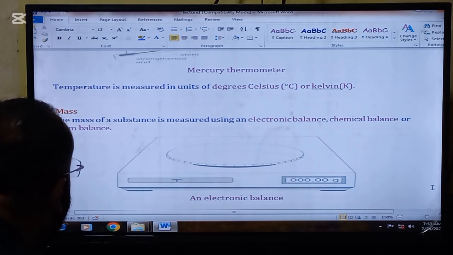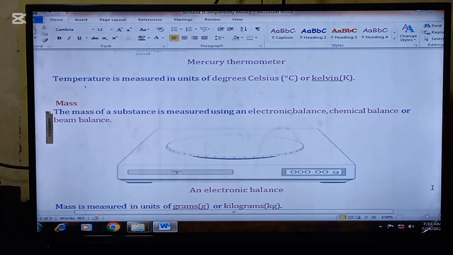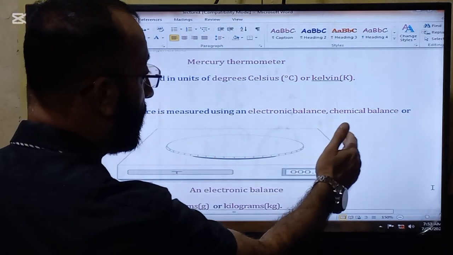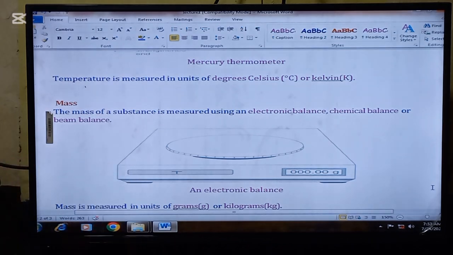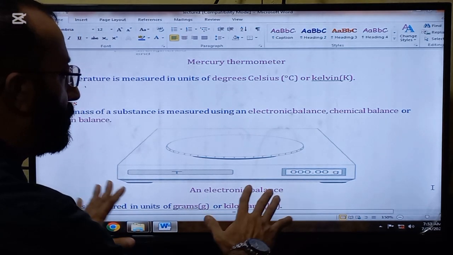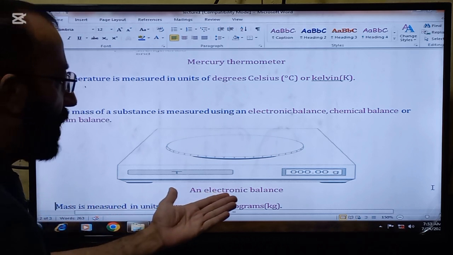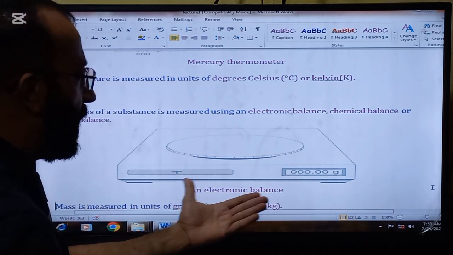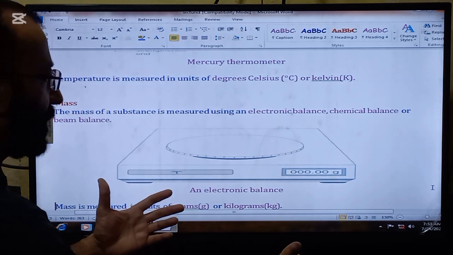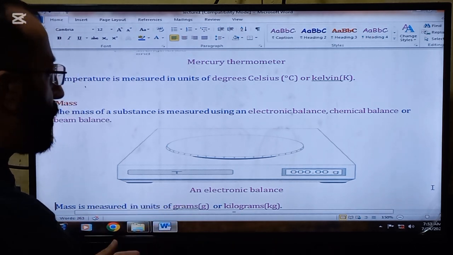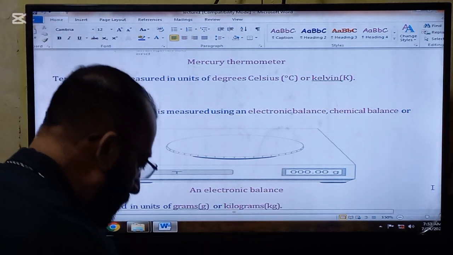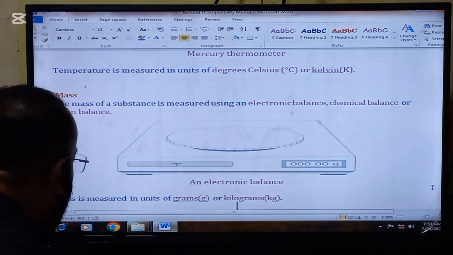The next thing that we are going to read is mass. The mass of a substance is measured using an electronic balance, chemical balance, or beam balance. Here is a figure of an electronic balance, which is widely used in shops now. You have seen this at different shops when shopkeepers measure things, for example sugar or rice, by placing the goods on this kind of balance.